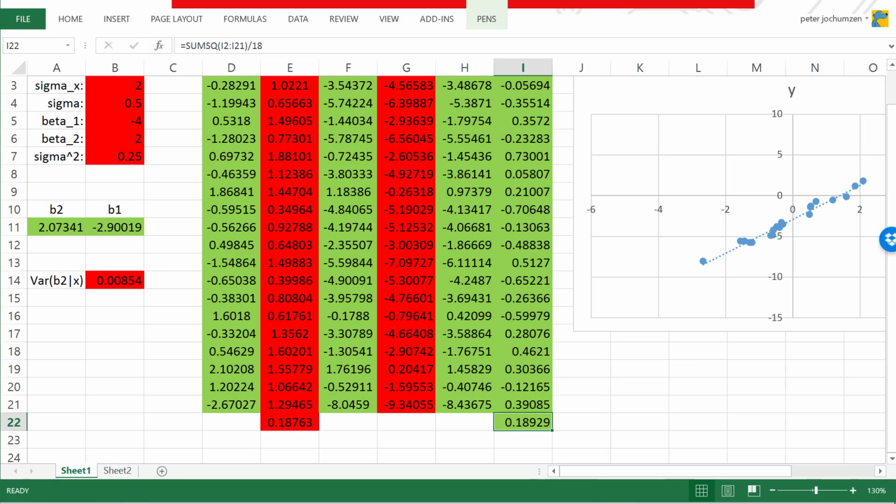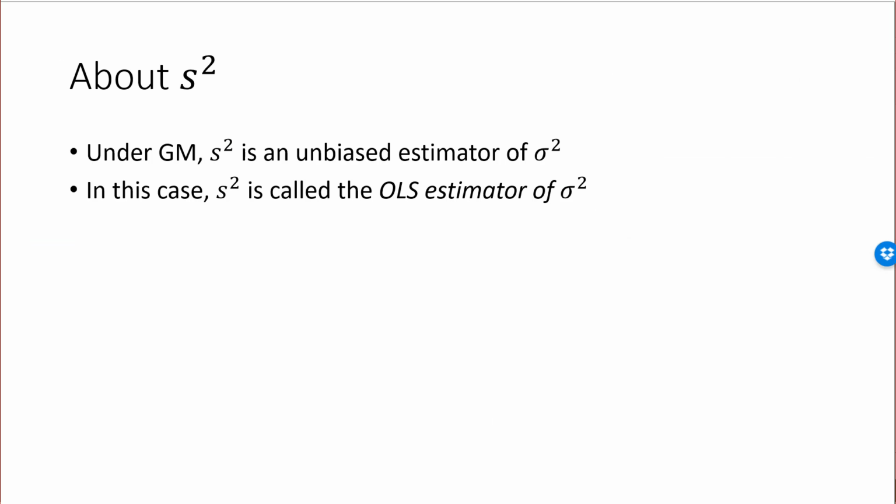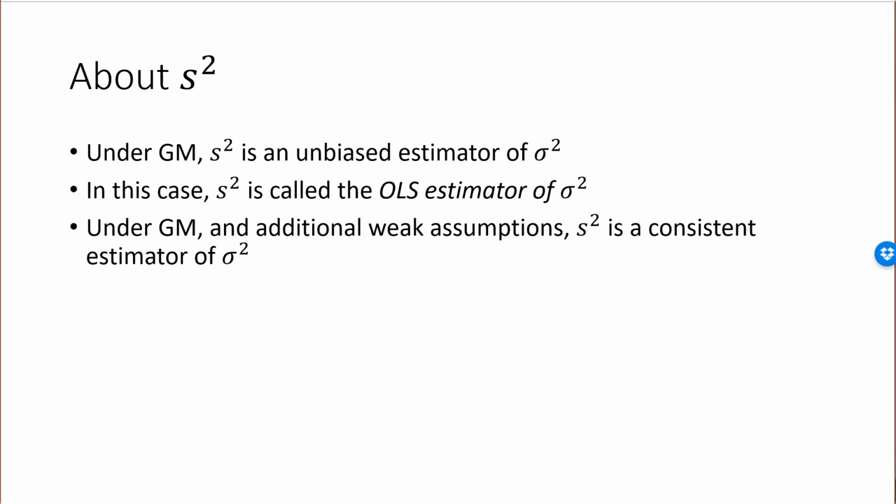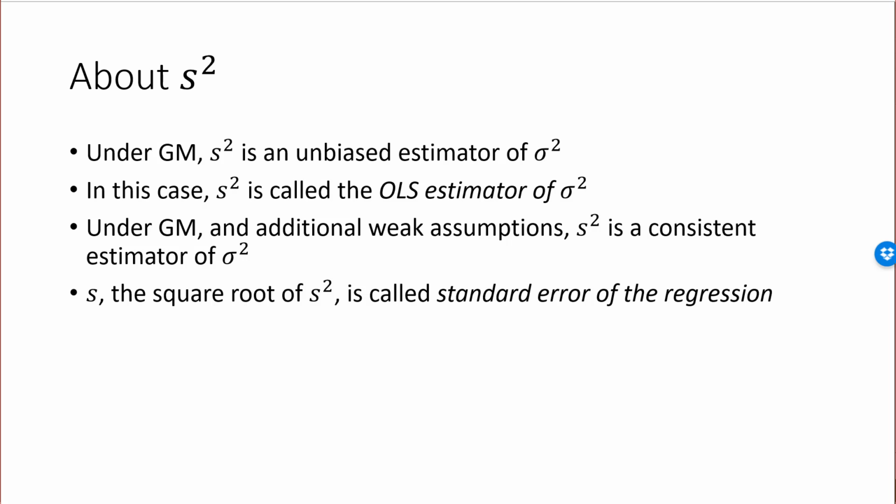A final point is that if you take the square root of this number, 0.18929 in this example, which you can always do because it's a sum of squares, then it's common to call that thing the standard error of the regression.